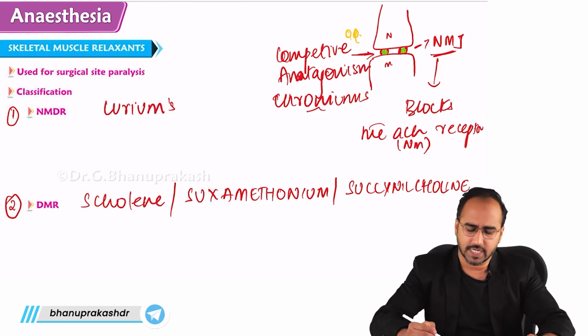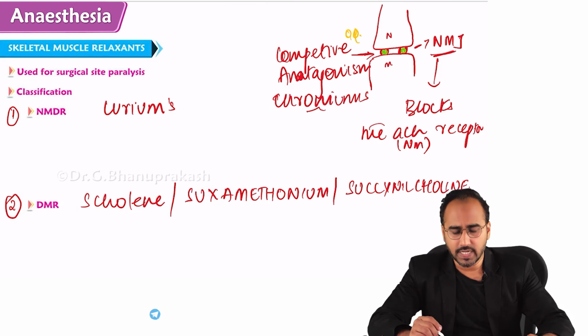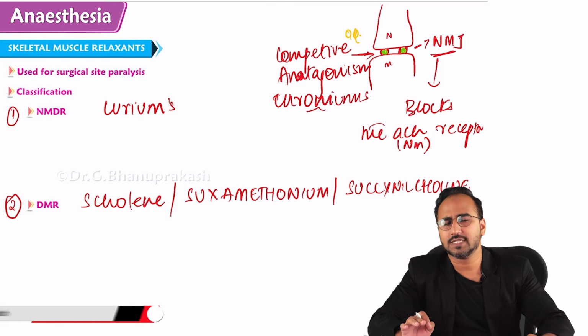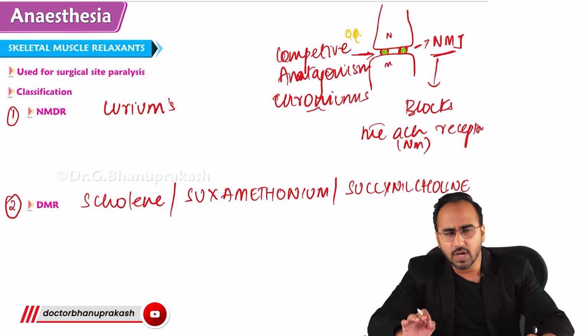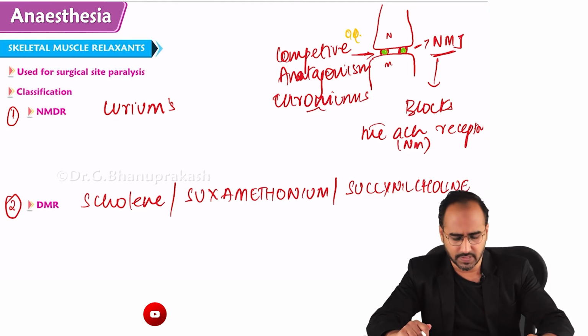So anyways, guys, this is the introduction of muscle relaxant. Whenever you give the muscle relaxant, it works on the neuromuscular junction, blocks the acetylcholine receptors by a mechanism called competitive antagonism, and hence causes paralysis of the muscle. I told you there are two kinds of muscle relaxant.